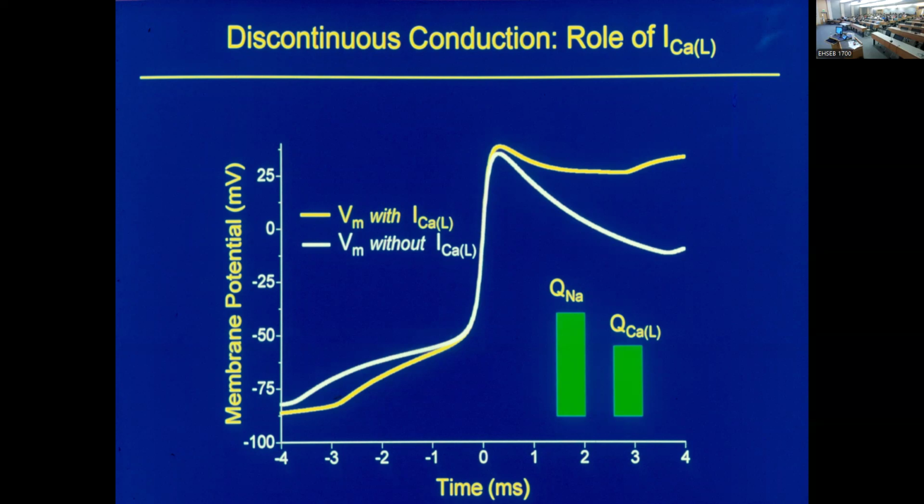Now, the contribution of charge from sodium is also shared by a contribution of charge from the L-type calcium channel. And why is that? Because remember, what's important is charge, not current. The L-type calcium current is 2 orders of magnitude smaller than the sodium channel current.